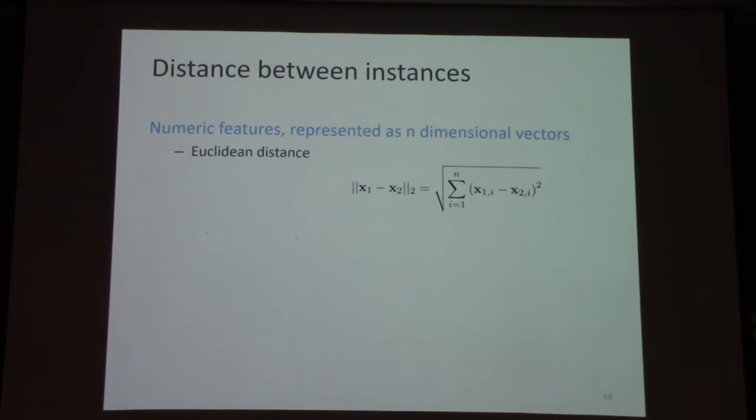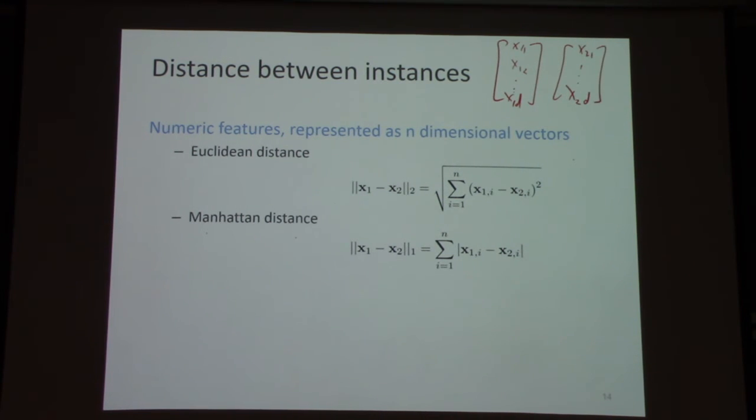Too late. But that's not the only way to compute distance. Another way is something called the Manhattan distance. You have 2 vectors, x11, x12, all the way to x1d, and x21 to x2d. I take the difference, take the absolute value of the differences, and add up the absolute values, basically coordinate-wise absolute values.